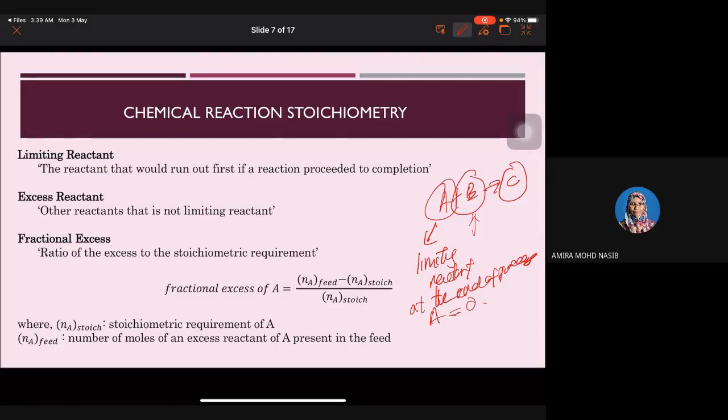And lastly, what we call the fractional excess.